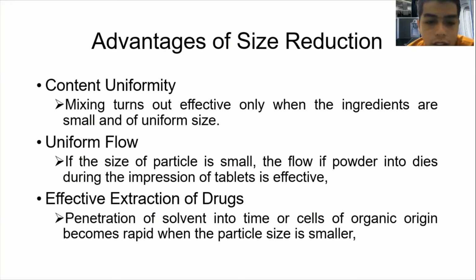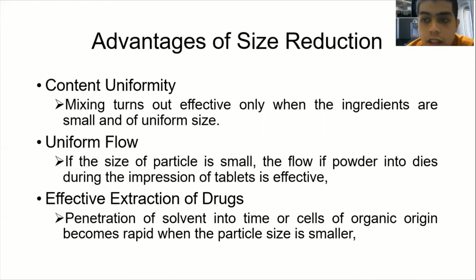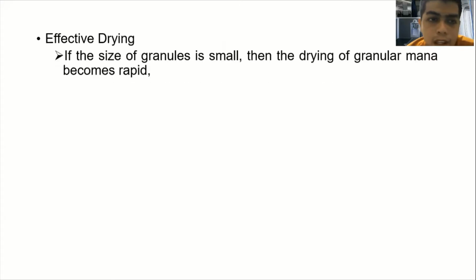Penetration of solvent into tissues or cells of organic origin becomes rapid when the particle size is smaller. So next, effective drying. If the size of granules is small, then the drying of granular mass becomes rapid. So it dries faster.